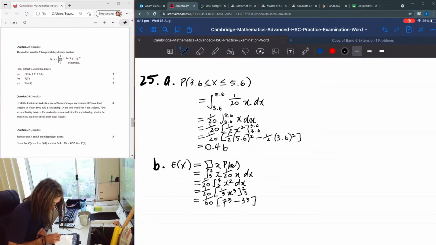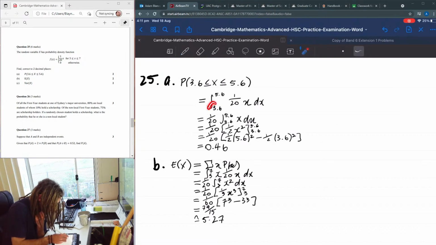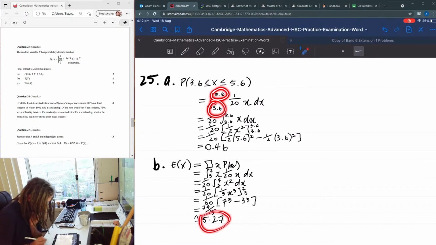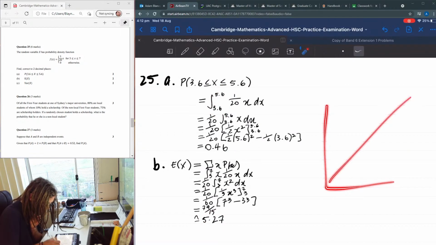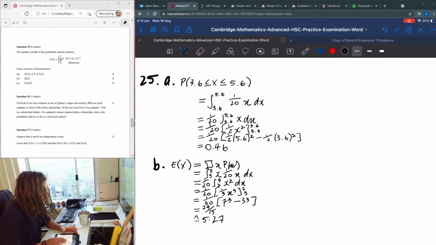Okay. And that off the top of my head is 79 on 15. That doesn't have much meaning, so the decimal equivalent might make more sense. 5.27. I'm making sure that that's in between here and here, which it is. So, here's my function, here's 3 and 7. The expected value is around about 5.2. So there.